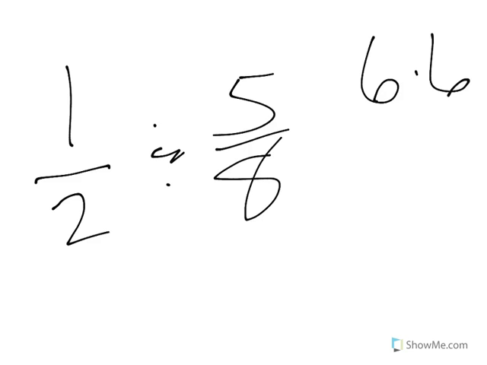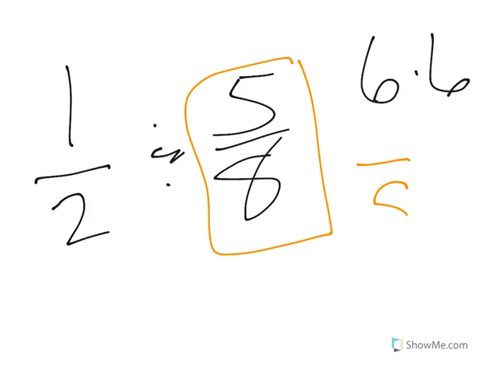Now, the key is this one right there, 5/8. What is half of this denominator? So if I got 8, what do I know is half of 8? Of course, 4 is half of 8, right? And let me get rid of this and symbol, and we're going to put this, because that's what they want you to do here.